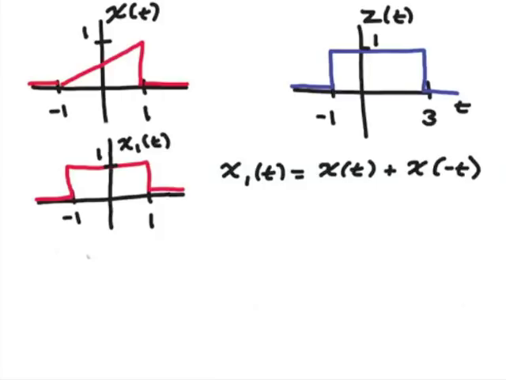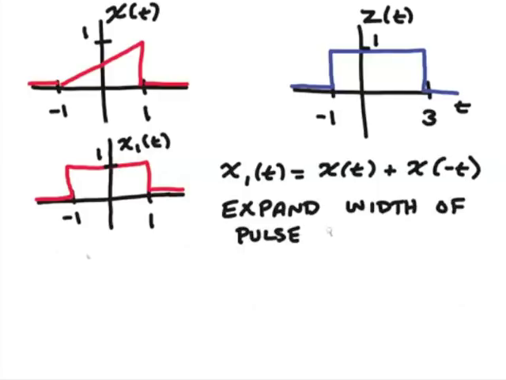And what we need to do now is to transform this pulse, x1 of t, into z of t. And you'll note one major difference between these two pulses. x1 of t has a duration of 2 seconds, while z of t has a duration of 4 seconds. So clearly what we need to do is some time expansion. So we'll expand the width by a factor of 2.